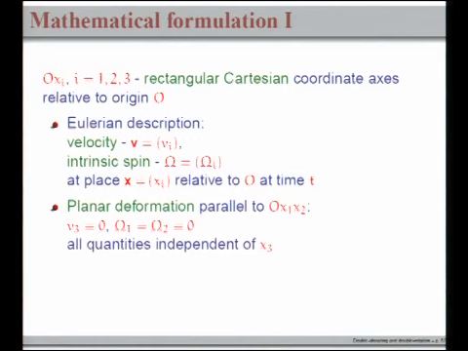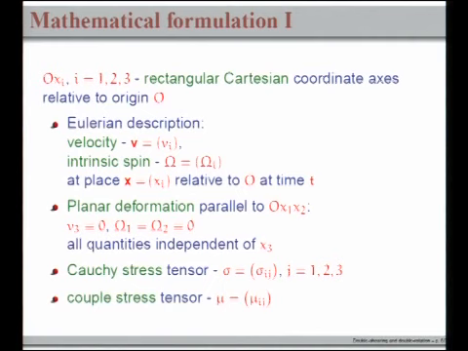So not only do we have V, but we also have the intrinsic spin, omega, which is also a vector. For simplicity, I want to consider only planar deformations. So we're only going to have two velocity components and just the one intrinsic spin component, omega 3. So V1, V2 are non-zero, omega 3 is non-zero. All quantities are independent of x3. Notation-wise, we'll use Cauchy stress, and I'll use sigma for that.